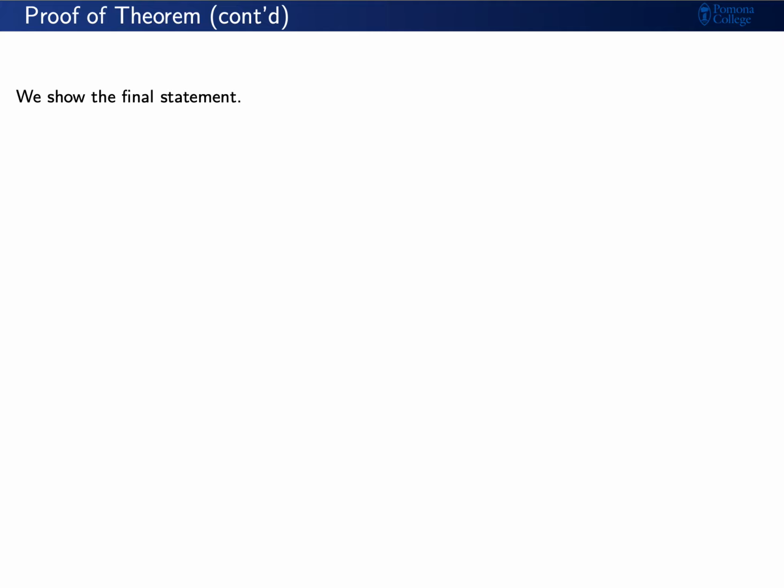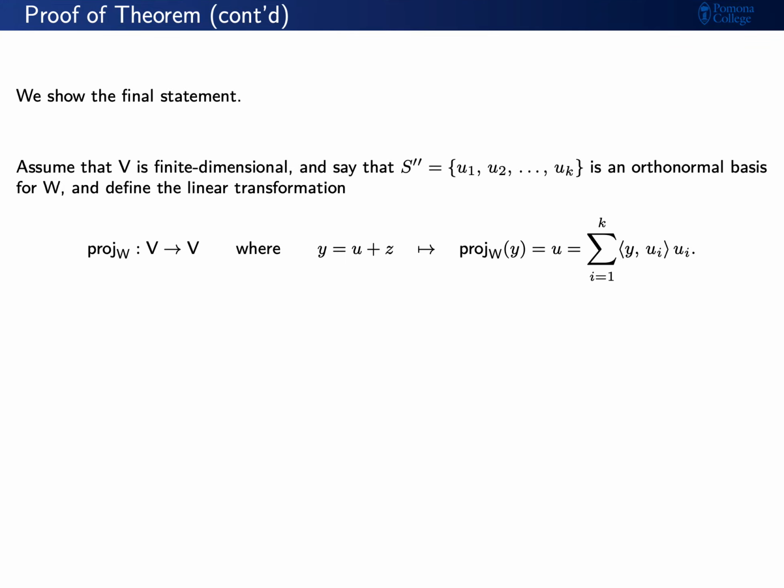Let's show the final statement. Assuming that V is finite dimensional, the Gram-Schmidt process says that we can find an orthonormal basis S double prime, which means that we have our projection map as before.